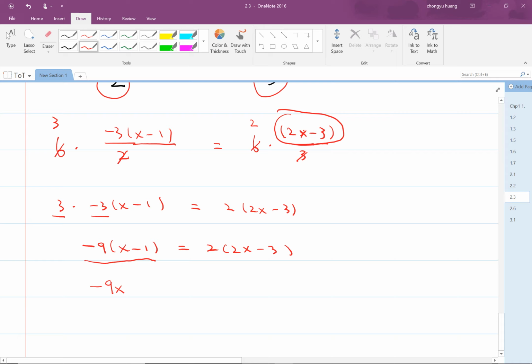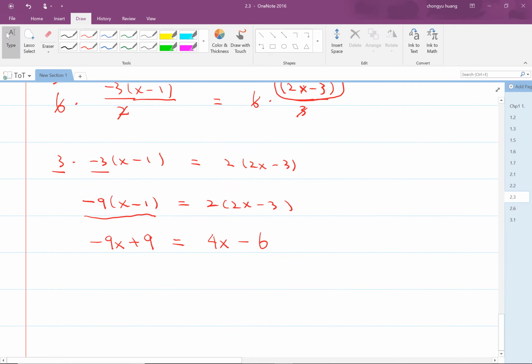And then negative 9 multiplied by negative 1, so negative and negative become positive, so it's positive 9. It's equal to 2 multiplied by 2x, so it becomes 4x, and then minus 2 multiplied by 3, so it becomes 6, right?